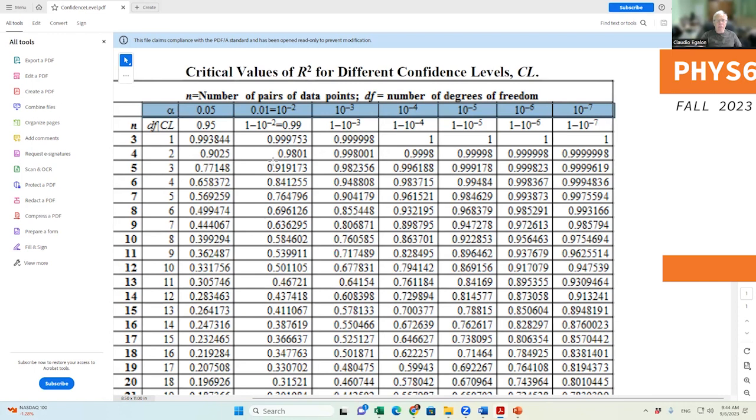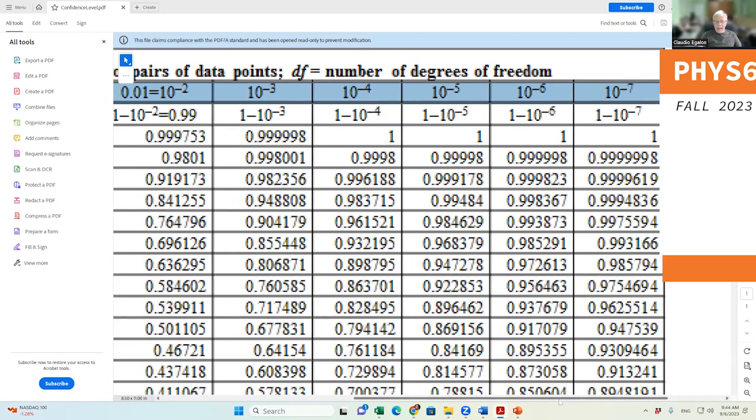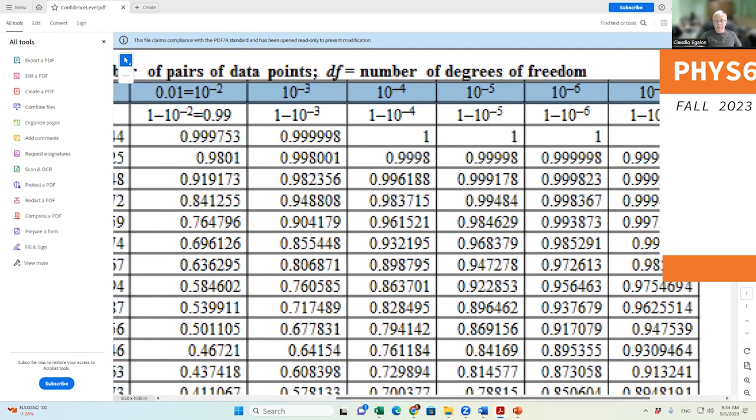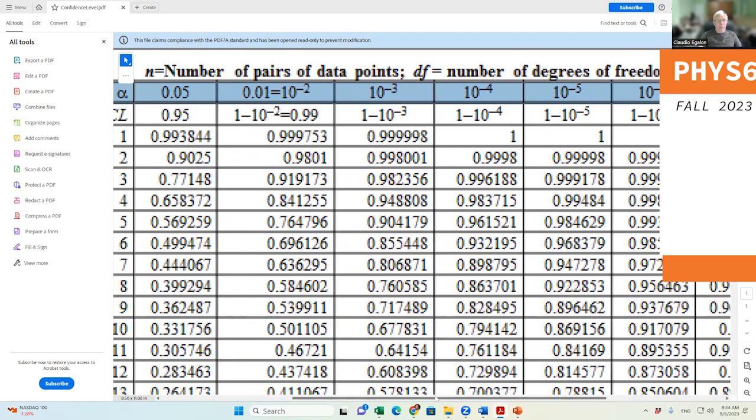See here the alpha, 0.05, 10 to minus 2, 10 to minus 3, is decreasing. See that? Alpha is decreasing. CL is increasing. And like I said, alpha is the complement of CL. What does complement of CL mean?